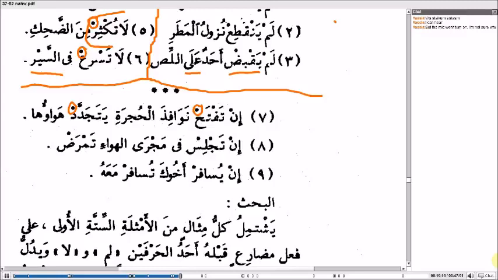We see in this that it has caused two verbs to be majzoom. Alhamdulillah. This is what we call conditional.